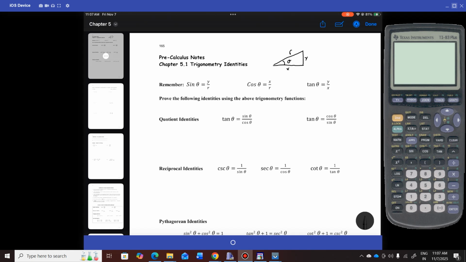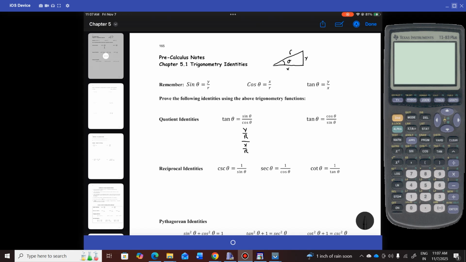So first, the quotient identity. Tangent theta equals sine theta over cosine theta. Sine theta is y divided by r. Cosine theta is x divided by r.